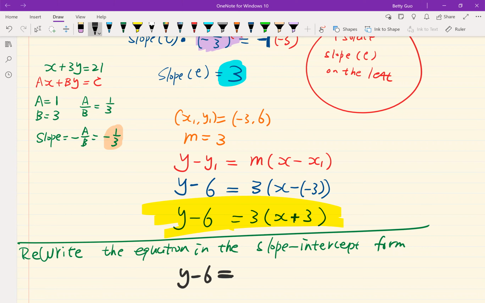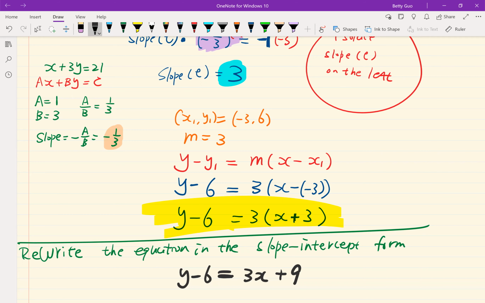Distribute: 3 times x, 3x. 3 times 3, positive 9. You need to have a reason for each step. This step we applied the distributive property. We use the coefficient of the parentheses to multiply each single term in the parentheses. 3 times x, 3x. 3 times 3 is 9. You do not have a negative there, right?